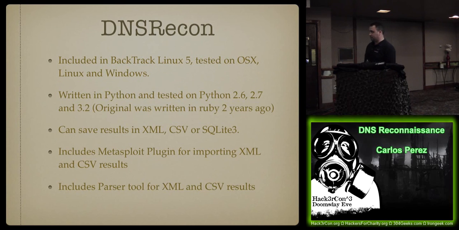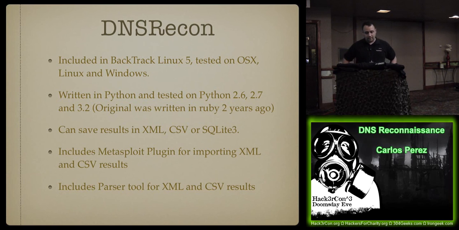So I wrote a tool called DNSRecon. It's included in Backtrack Linux. I have tested it on OS X, Linux, and Windows. It's written in Python. I took the time to make sure it works on Python 2.6, 2.7, and 3.2, the 3.2 one being the most painful to make compatible with all three.